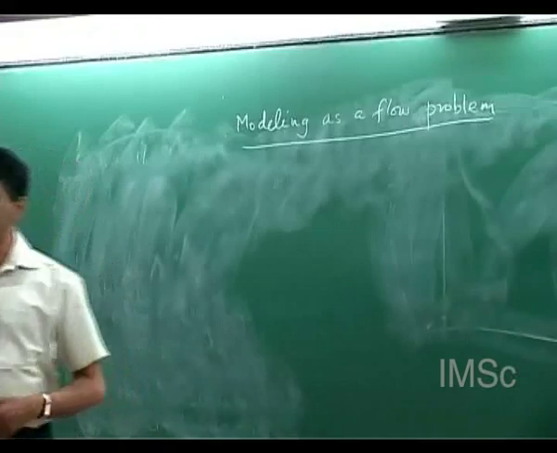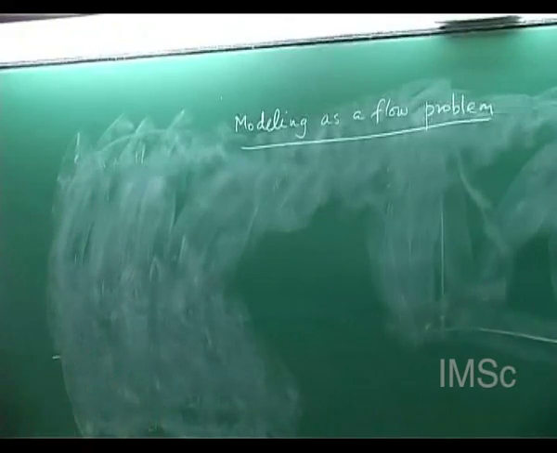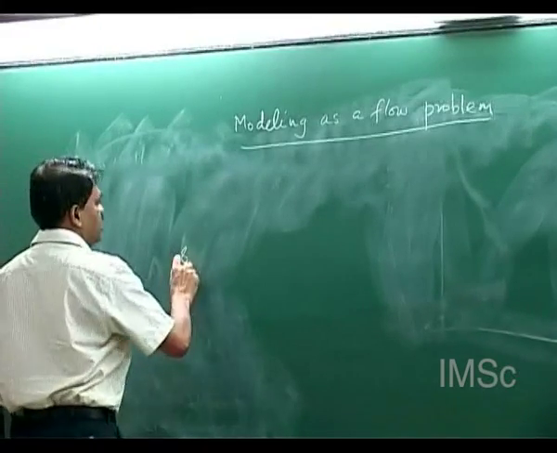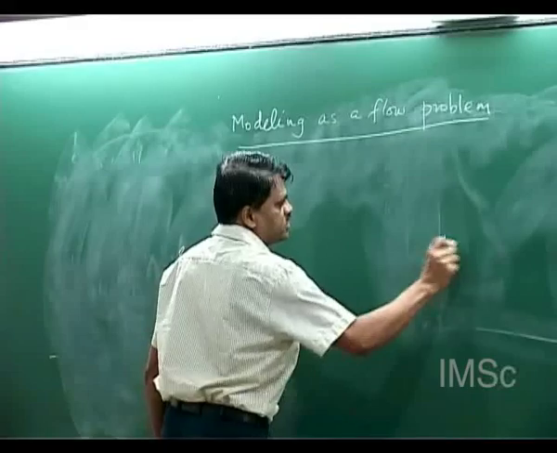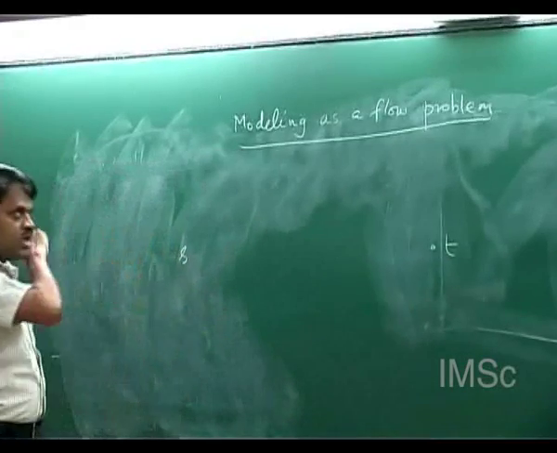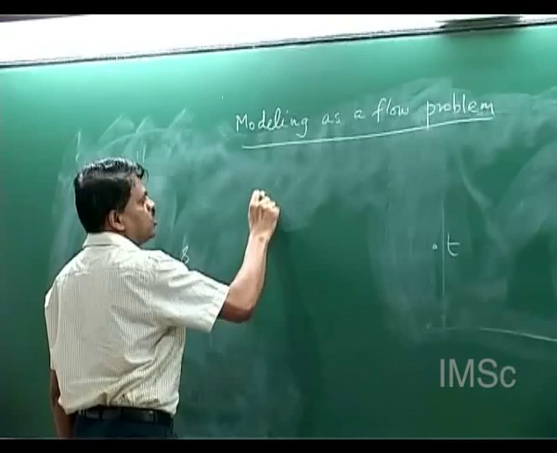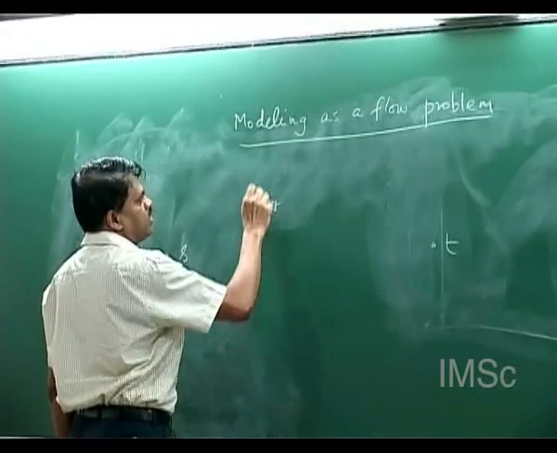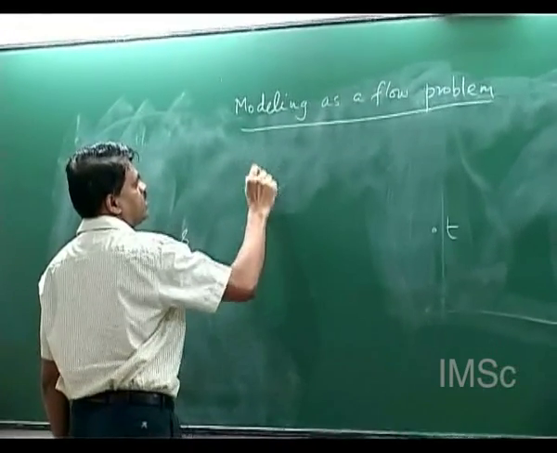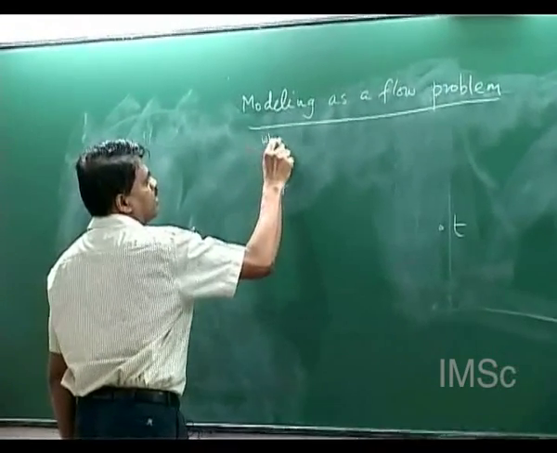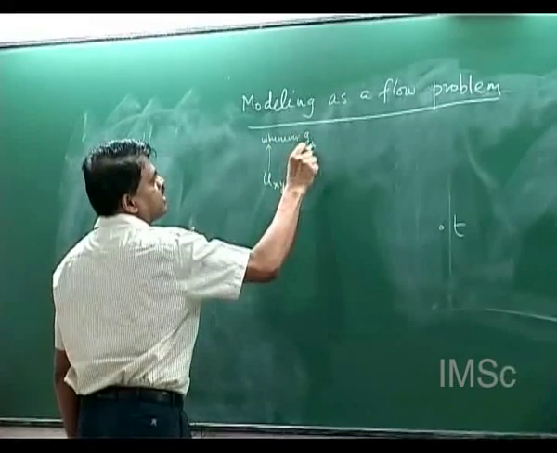So for this flow problem we need a source and a sink. So we will start with a source and a sink, and you have vertices uxy whenever gxy is greater than 0.